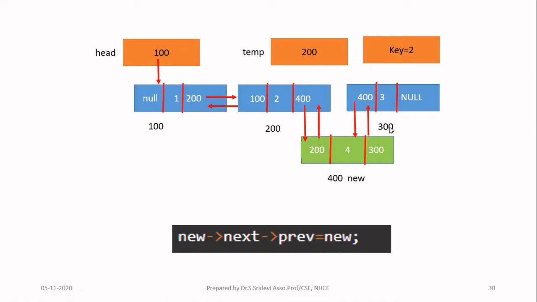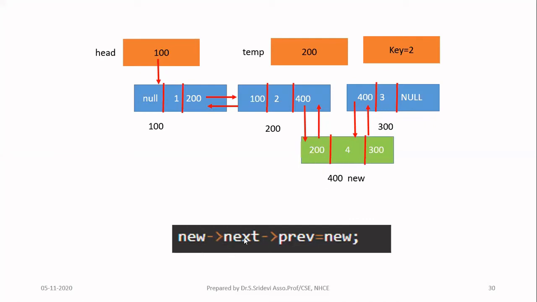Now I have to get this particular link. So how to get this particular link? You can see, I am writing new arrow next arrow previous. What is new now? New is now 400.